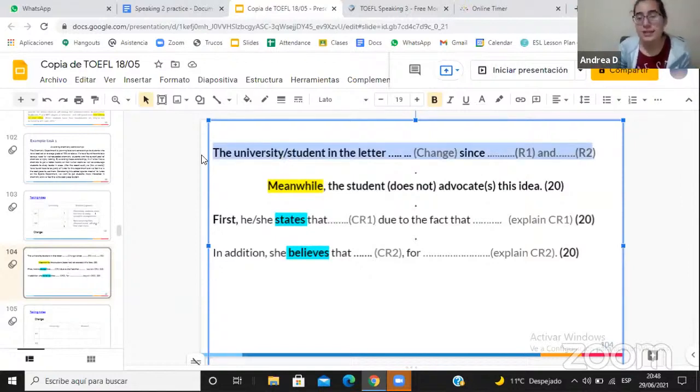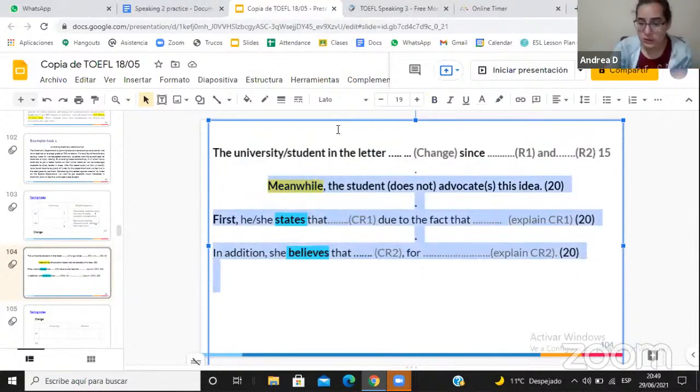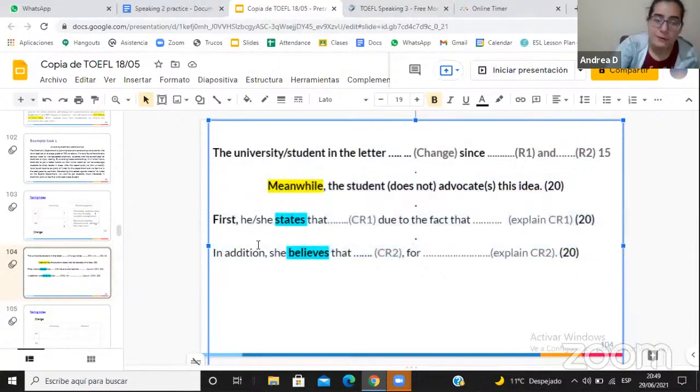You're gonna use more sentences. And as I was saying, you only have like 15 seconds at most to do this. So you don't have time to use transitions there. However, in the rest of the response, you have to use transitions like meanwhile, first, in addition. You need to use them there, but not here in the beginning. Okay, so I don't know. Is that clear? Did I answer your question?